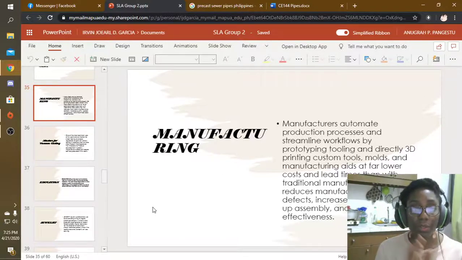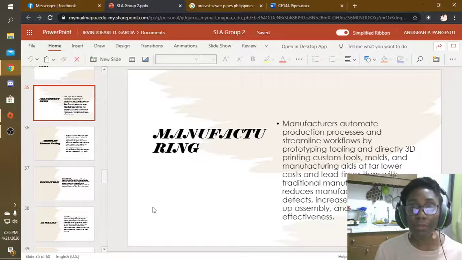Manufacturers automate production processes and streamline workflow by prototyping, tooling, and directly 3D printing custom tools, molds, and manufacturing aids at far lower cost and lead times than traditional manufacturing.